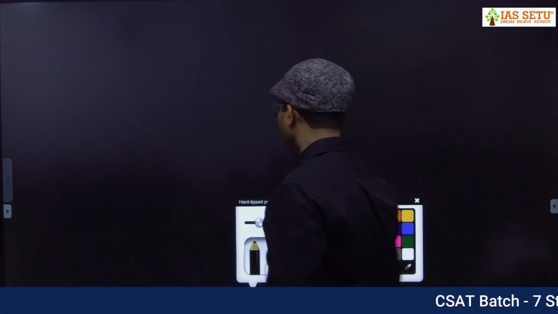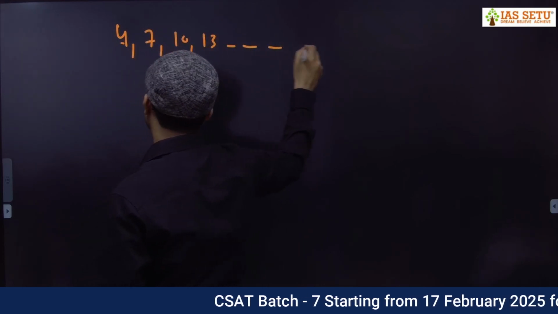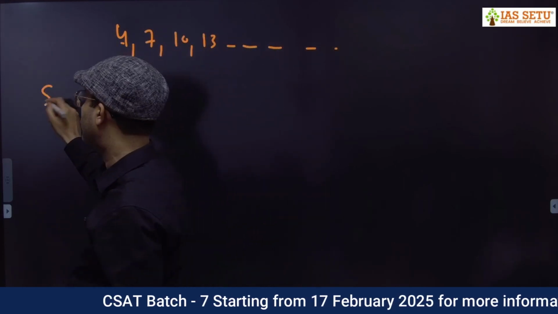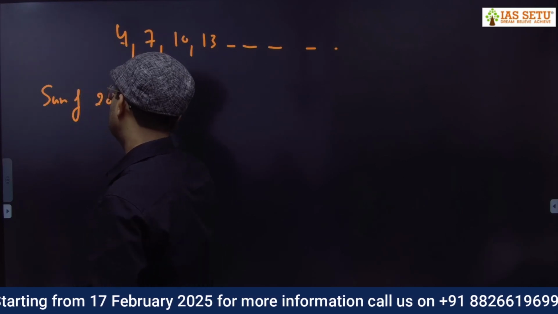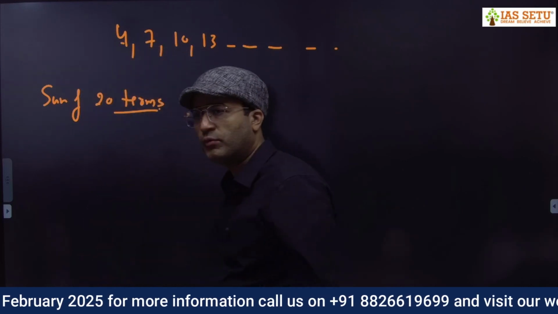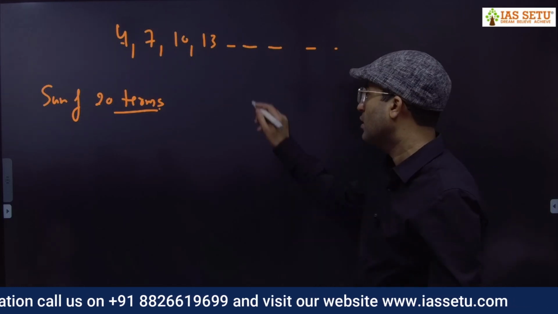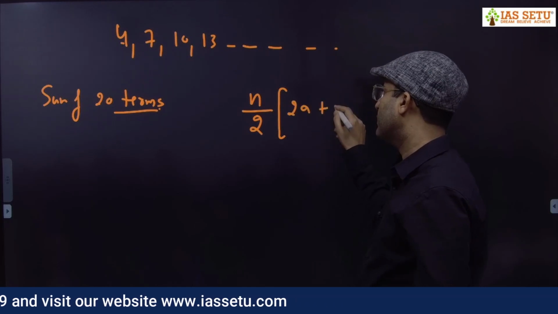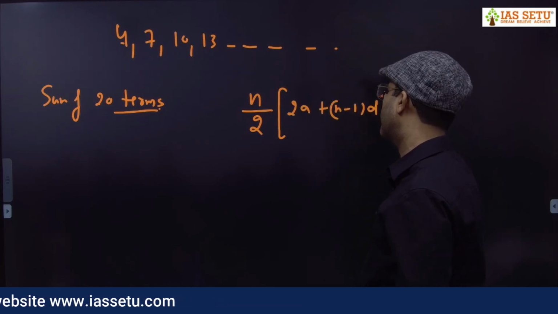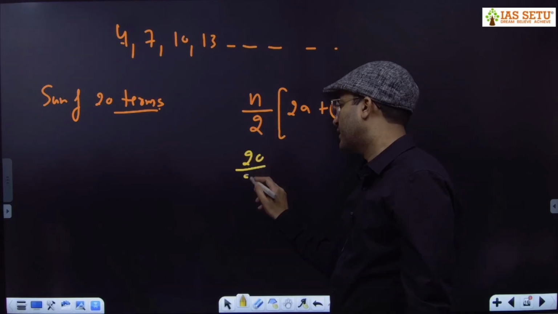Like here: 4, 7, 10, 13. We have to find the sum of 20 terms in the given AP. So n is given, a is given, d is given. What is your formula? n by 2 (2a plus (n minus 1) into d). So this is 20 divided by 2.